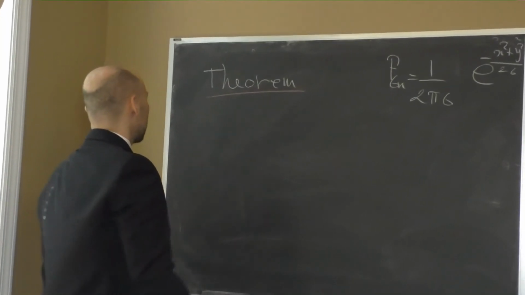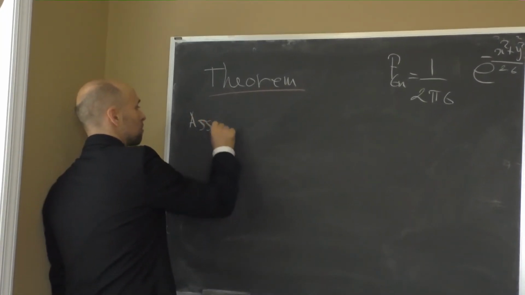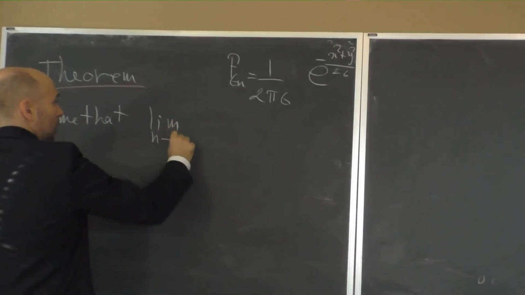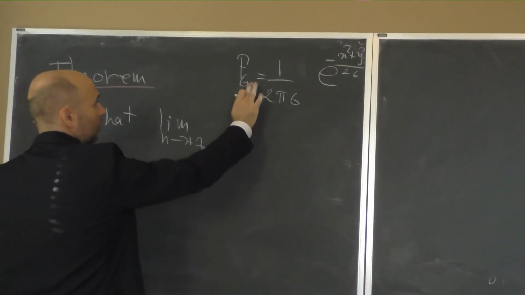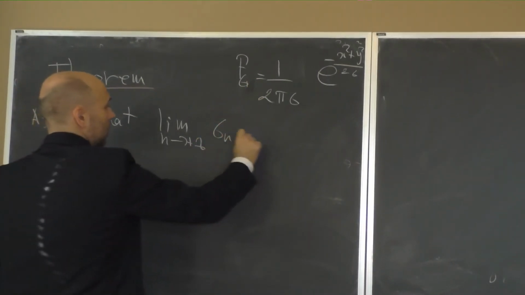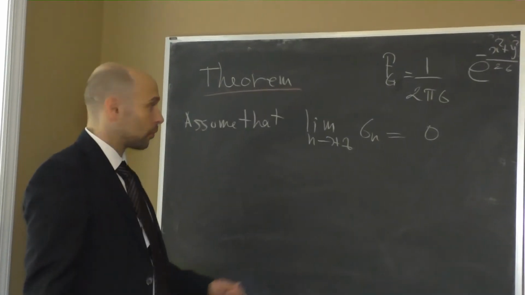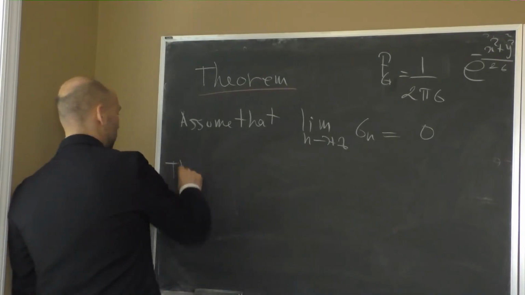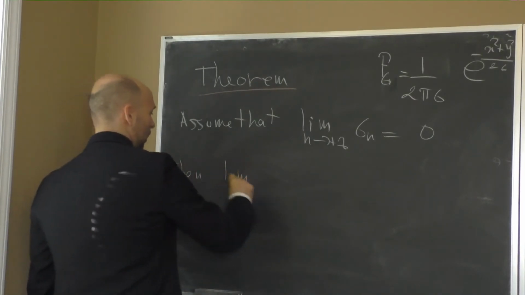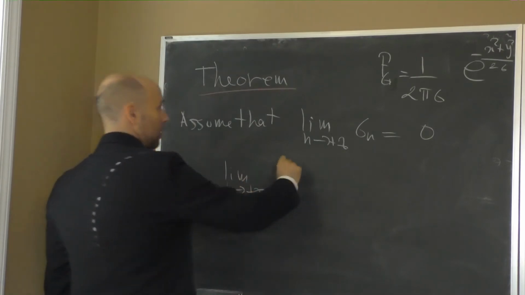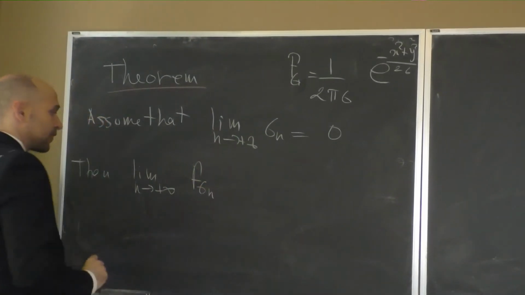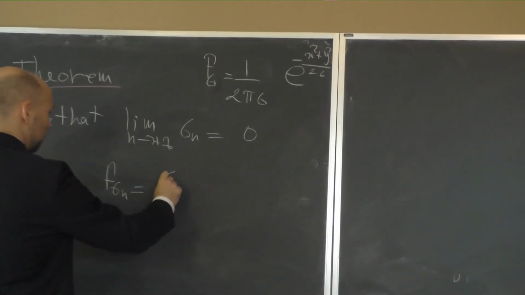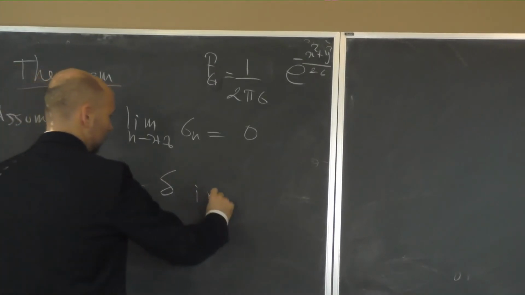Okay, and assume that sigma n goes to 0 when n goes to infinity. Then my f sigma n converges to the Dirac in the sense of distribution.